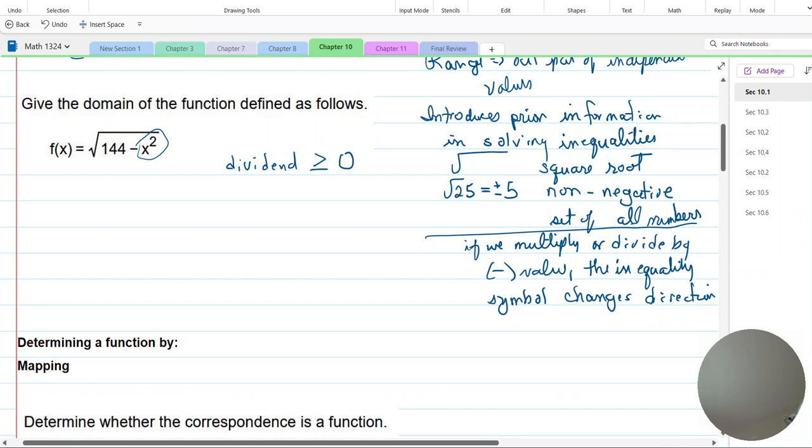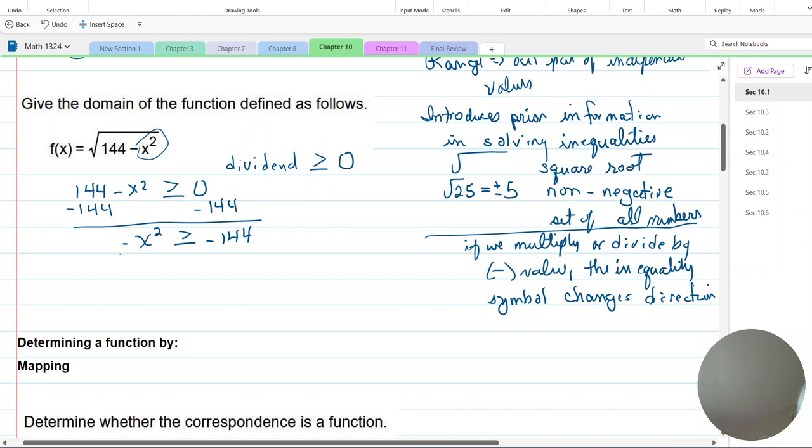Right. So let's look at our process here. I'm going to say 144 minus x squared has to be greater than or equal to 0. So I'm going to subtract the 144. Now subtraction does not flip the symbol, only multiply or divide. Negative x squared has to be greater than or equal to a negative 144.